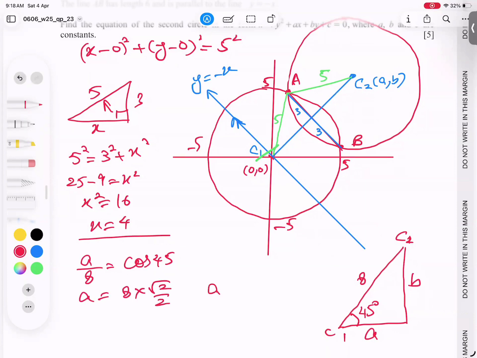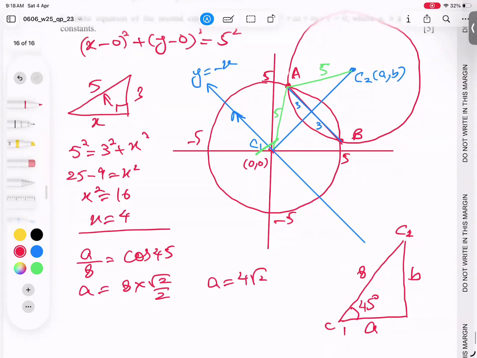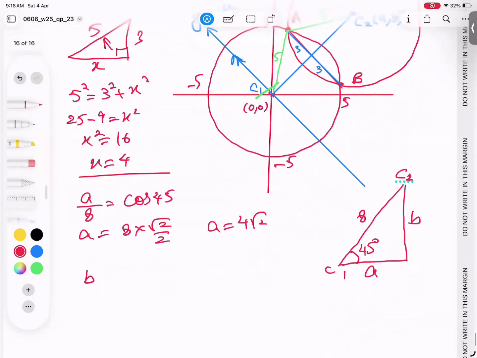This cancels out, we get 4 root 2. And what about the other one, the b value? Same criteria, b by 8 is equal to sine 45. So b is 8 times sine 45, root 2 by 2, same value. And b, I'm getting 4 root 2. So now the center of the circle, I got it.